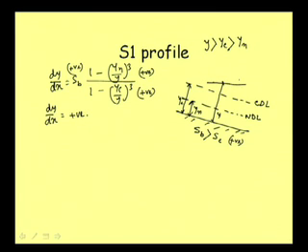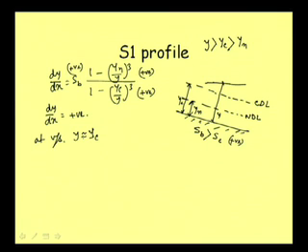Now, if it is a rising profile, let us see what will happen at the upstream end. Well, at the upstream end, as we know, the CDL line, that is the critical depth line, is above the normal depth line. So, when the profile is coming down, it will be meeting the critical depth line, not the normal depth line, in case of the S1 profile. So at the upstream point, y is approximately equal to yc.